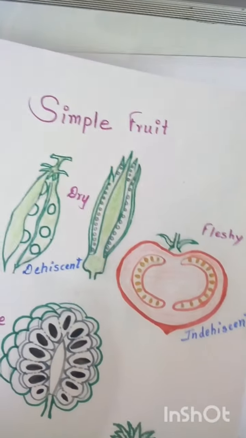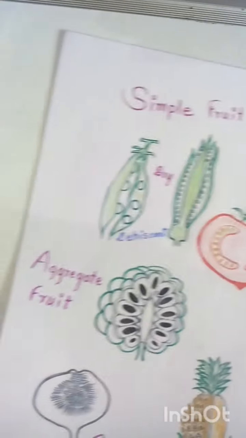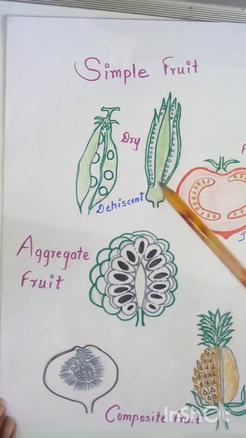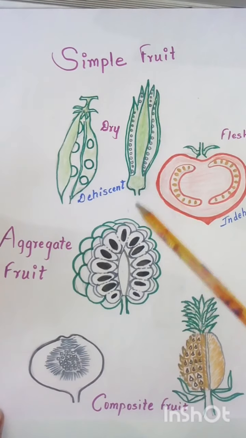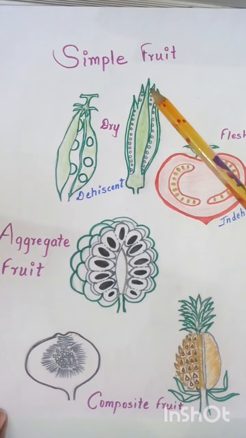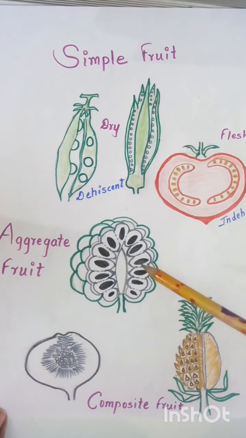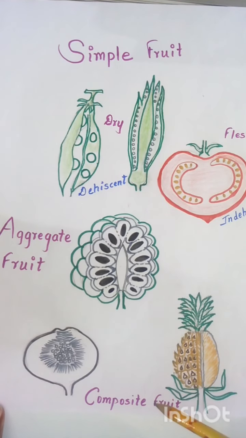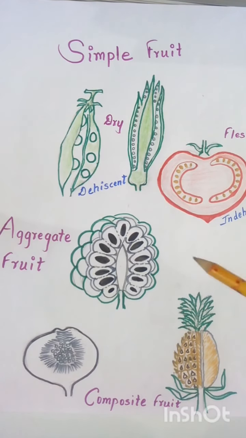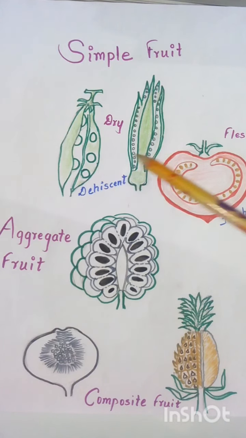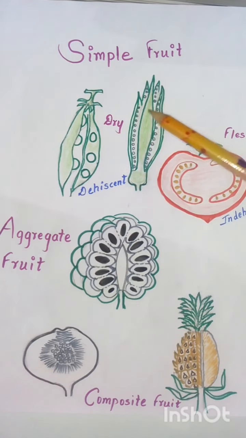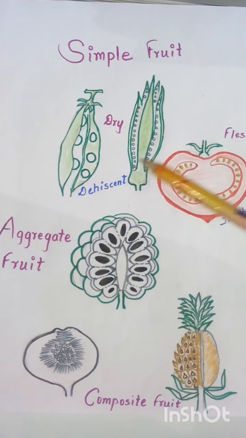Let's see the diagram of these three types of fruits. These are the different types of fruits. These upper three are simple fruits. The middle one is aggregate fruit, and these two are composite fruits. These first two are pea and lady's finger, that is bhendi, and this is tomato.